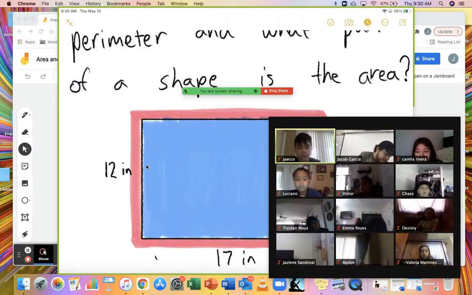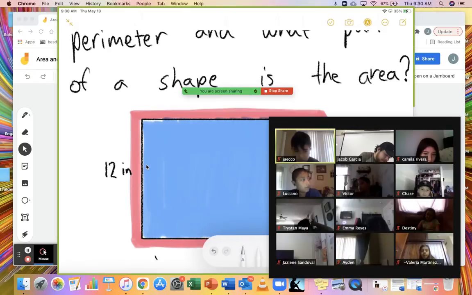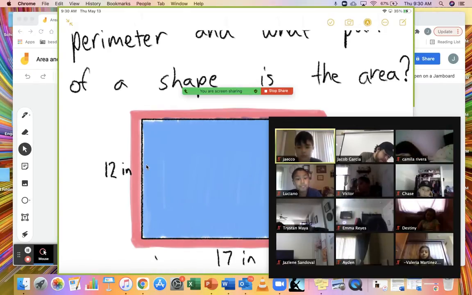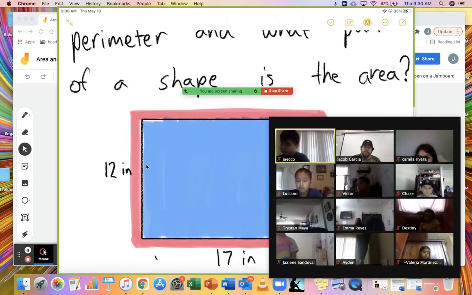Let's go ahead and find the perimeter and the area. And just so we don't forget, area is blue, the inside, perimeter is red, the outline or the outside. Go ahead and find the perimeter and area.